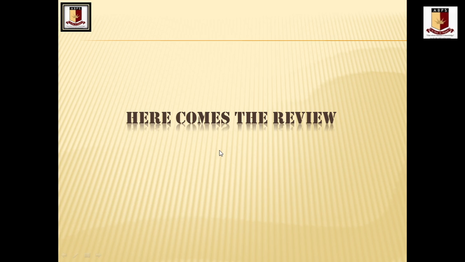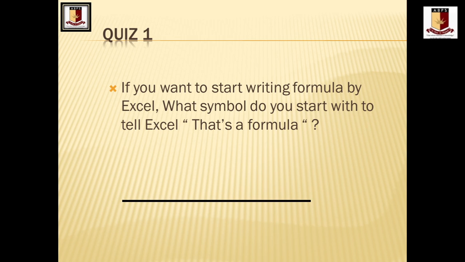Now we'll review what we learned in this tutorial. The first question: if you want to start writing a formula in Excel, what symbol do you start with to tell Excel that it is a formula? Or we can say, how will Excel understand that whatever comes afterward is a formula? Yes, you're right, the equal sign.